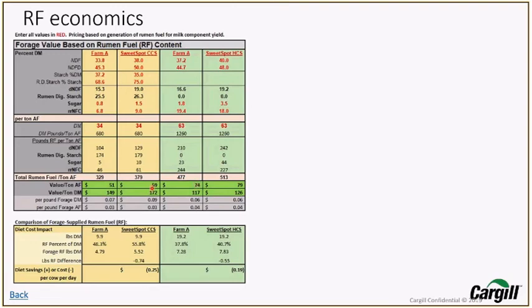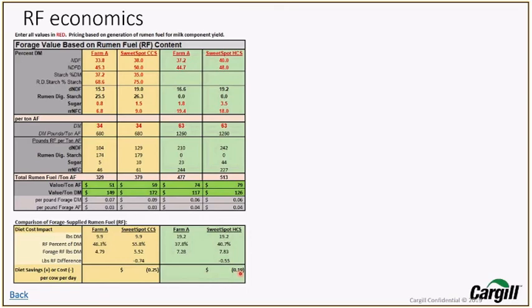If we bring that out in terms of how much they're feeding of haylage and corn silage, haylage here, corn silage there, you can say that they need to replace that rumen fuel, and it's more expensive, about twice as expensive to replace it versus coming from the forage. It's going to cost this farm, because they're not in the sweet spot, about 44 cents per cow per day.